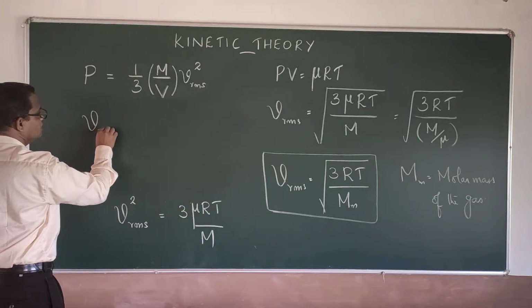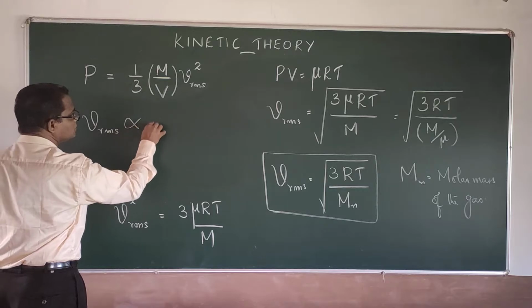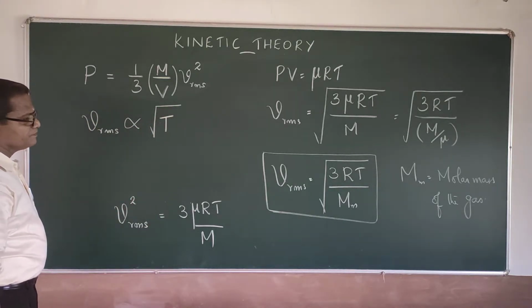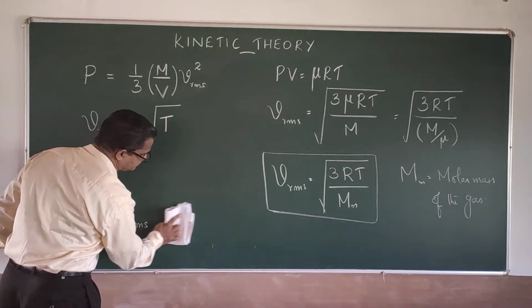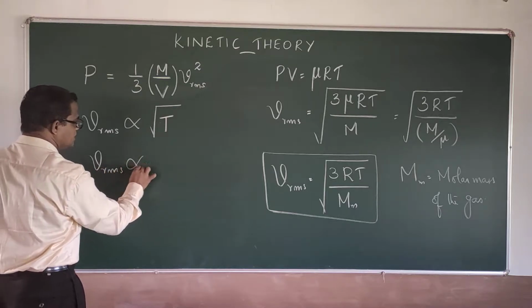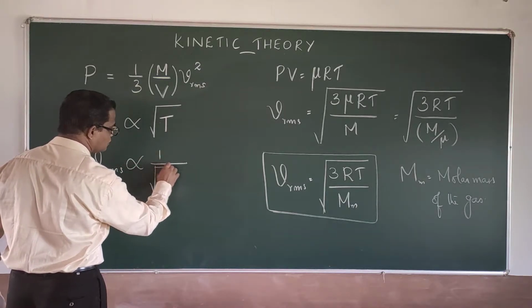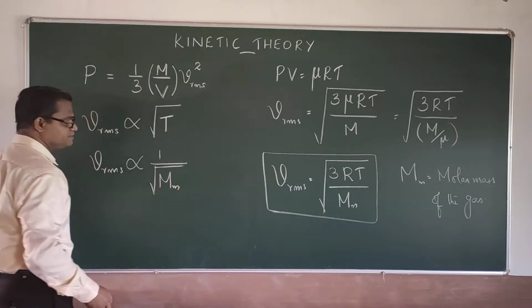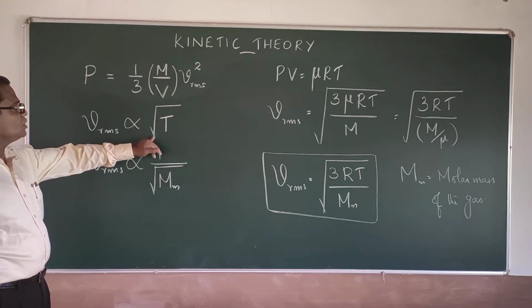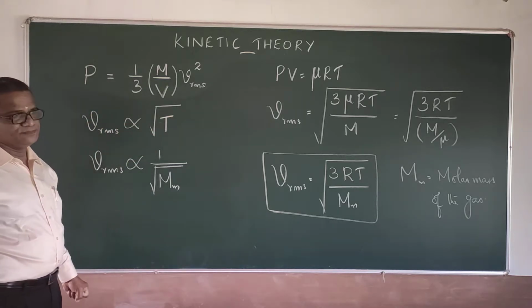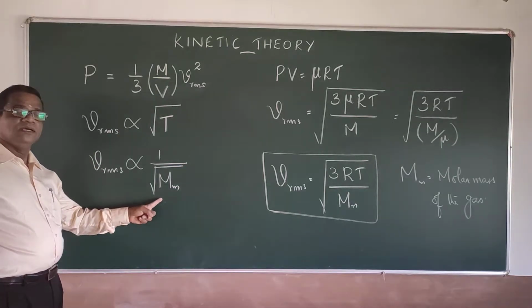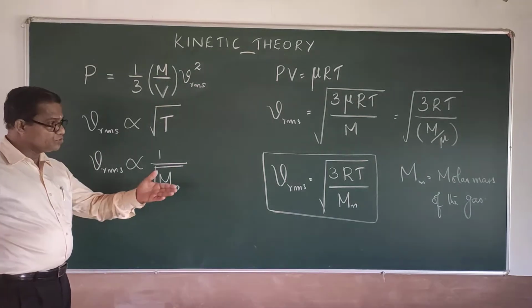Vrms is directly proportional to the square root of absolute temperature, and Vrms is inversely proportional to the square root of molar mass.